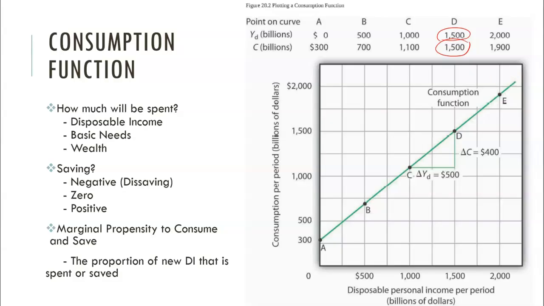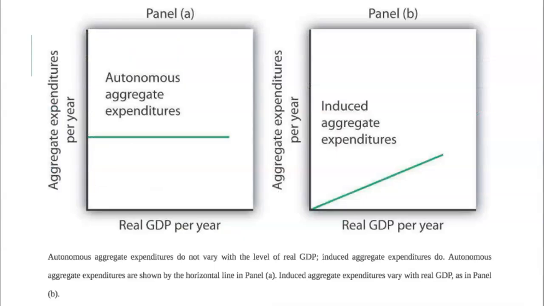Now, we're going to see later we're going to add investment, government spending, and net exports to this, and it's just going to shift the line up because everything that is determined outside of this model is going to be an autonomous expenditure. So, for instance, government spending is not determined by the level of people's income.